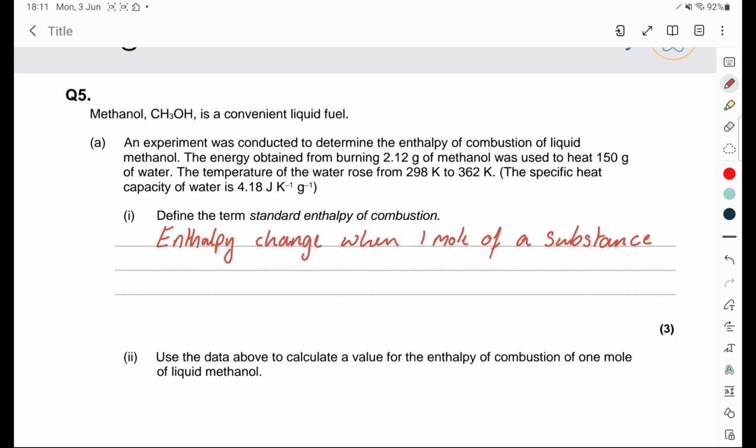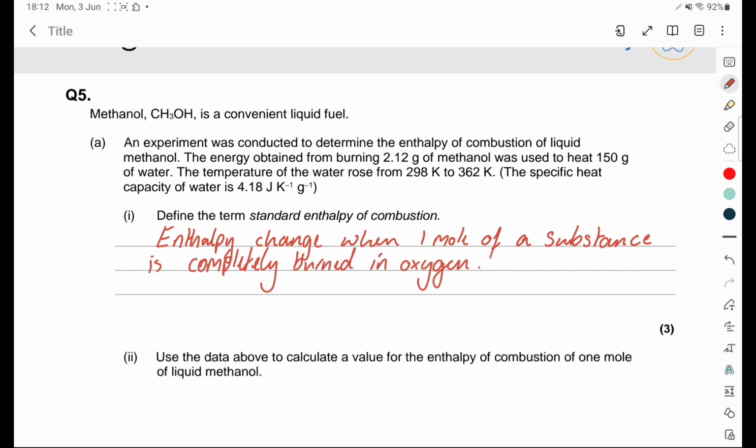But you have to make it clear that it is complete combustion or with excess oxygen. Okay, so there are actually 2 different types of combustion. There's complete and incomplete. And enthalpy change of combustion is actually really the enthalpy change of complete combustion. But we don't say the word complete in the name. So far we've got enthalpy change when 1 mole of a substance is completely burned in oxygen or reacted with excess oxygen.